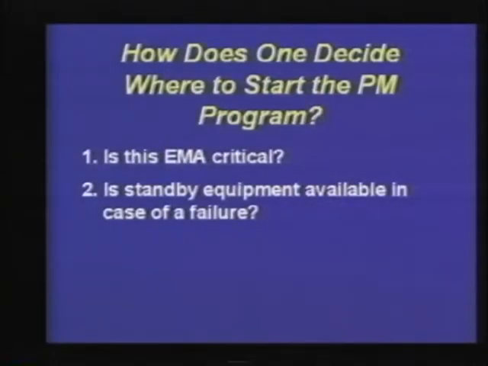The second question addresses standby equipment. Now, that doesn't mean that equipment is standing by waiting for something to break down. What it really is addressing is are there 2 or more similar pieces of equipment in a department or a machine center?